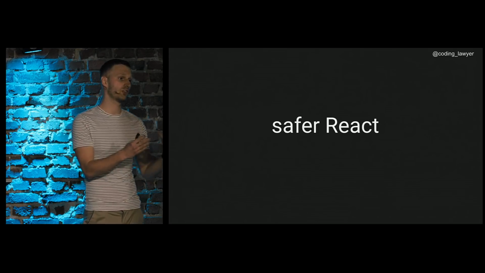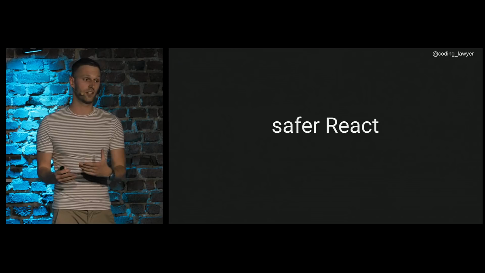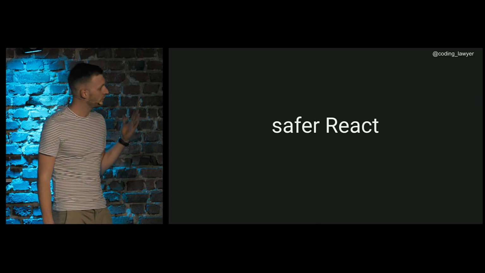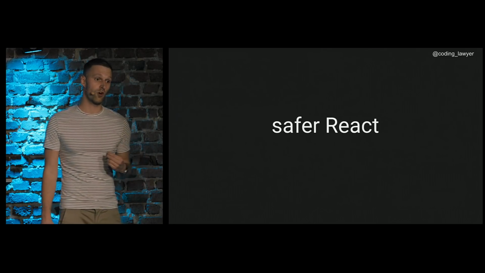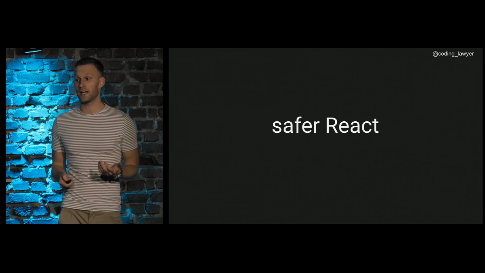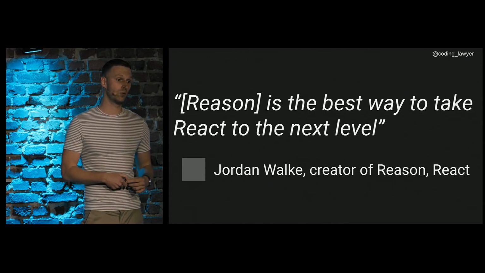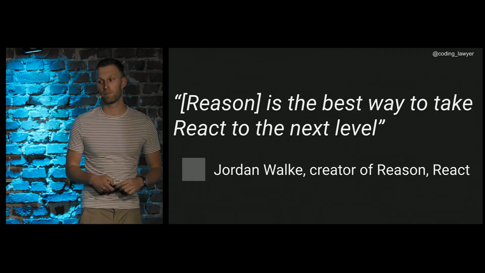You have this strong type system, as we will see shortly, and you don't need to deal with JavaScript legacy issues. And I'd like to end this part of the talk by citing the creator of Reason and the creator of React, Jordan Walke: Reason is the best way to take React to the next level.